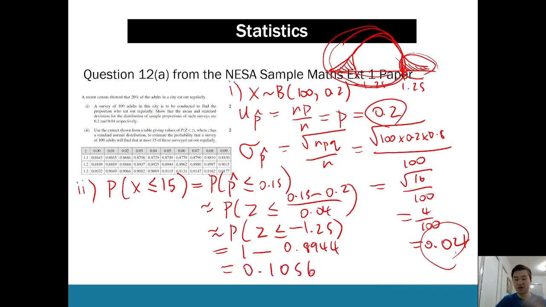So therefore, you have around an 11% chance that at most 15 people will eat out regularly if you survey 100 adults.